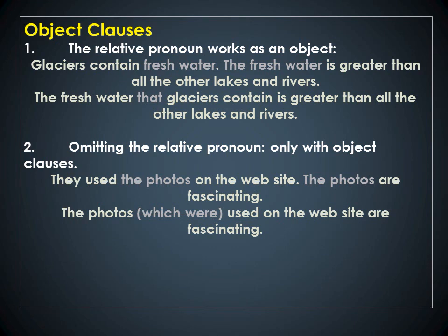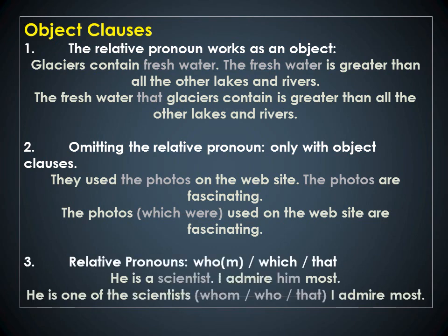If you're dealing with object clauses, then the relative pronouns you use will be who or whom, which, and that. Observe the example. He is a scientist. I admire him most. He is one of the scientists whom, who or that, I admire most. And you can omit any of these pronouns.